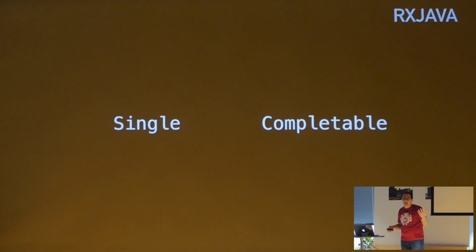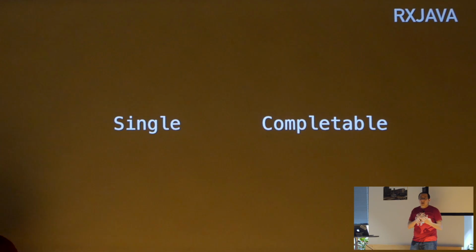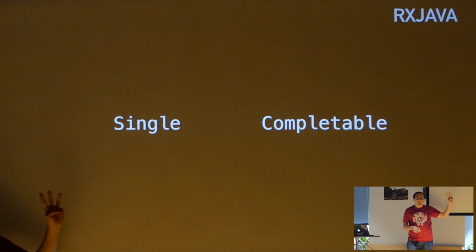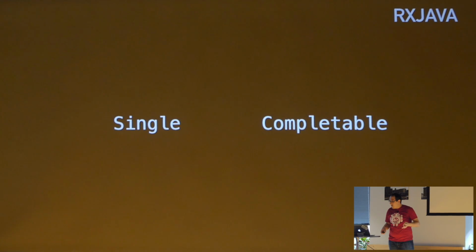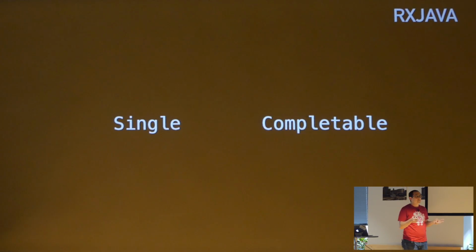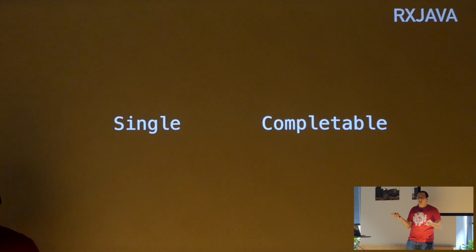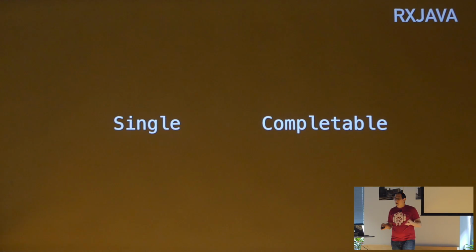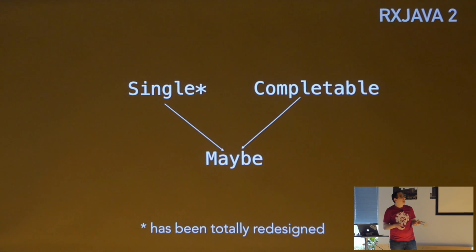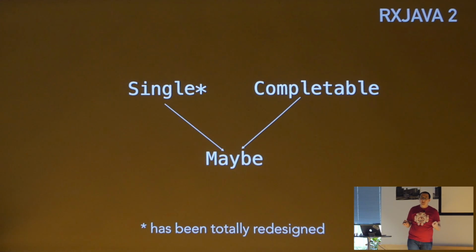I mean, we had observable, single, and completable in RxJava 1. And now we have observable, flowable, single, completable, and maybe.